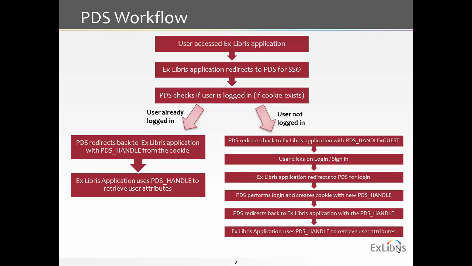So this application, Primo in this case, will redirect to PDS with an SSO call, which means that in the browser, Primo will redirect to /PDS with function equals SSO. If you turn on Firebug or a similar tool, you will be able to see this SSO URL in that tool.